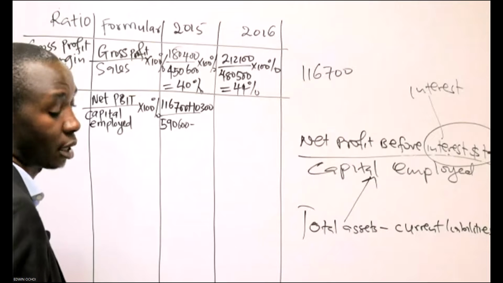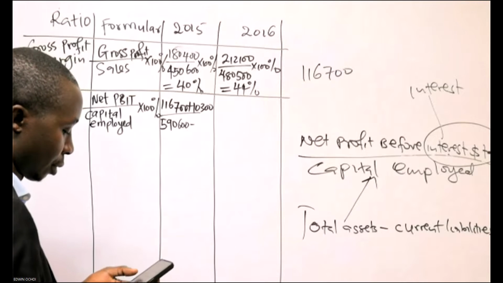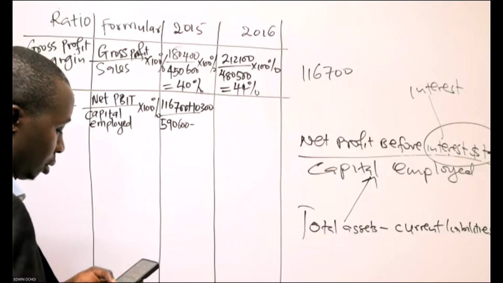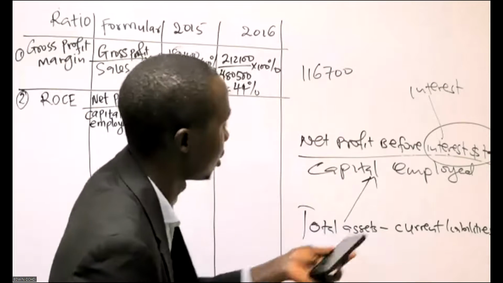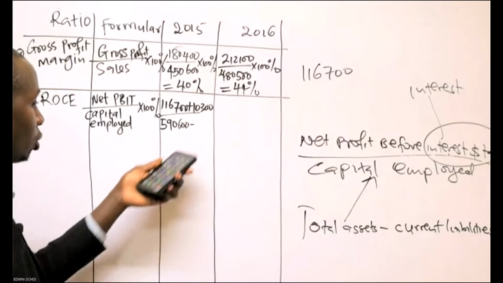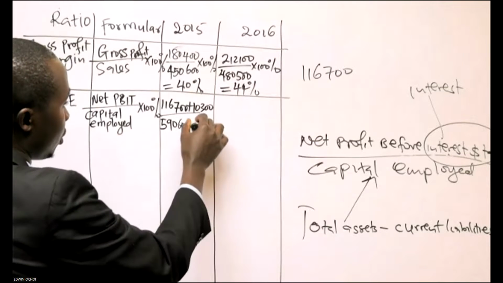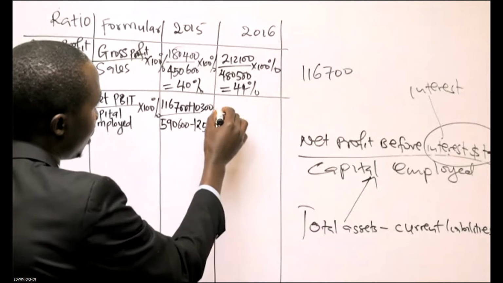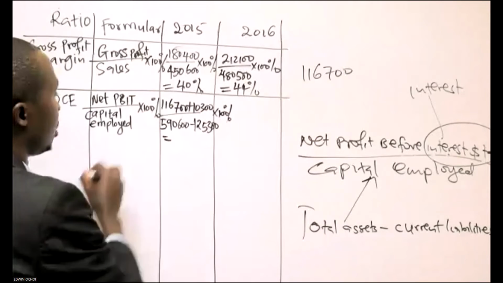So total assets minus current liabilities. The answer, after deducting current liabilities, give me the 125,300. Then your answer you will multiply with 100%. You will tell me what's the answer there.